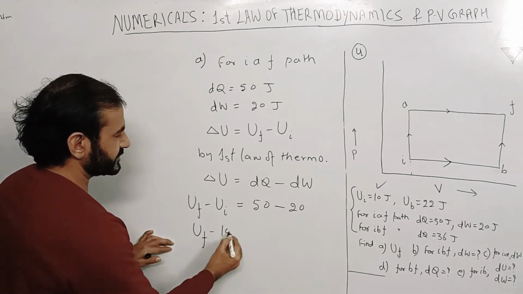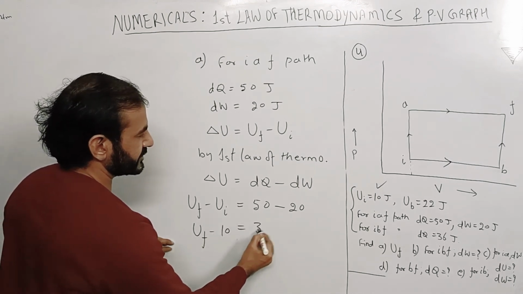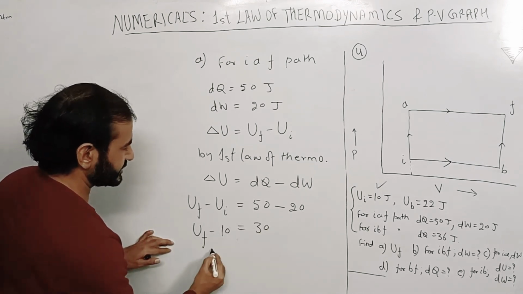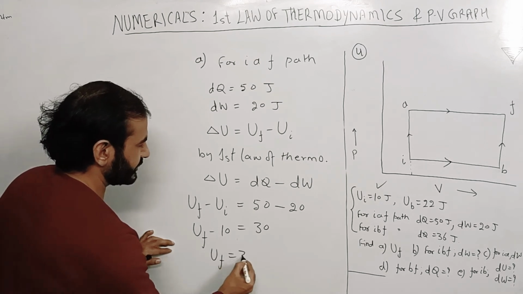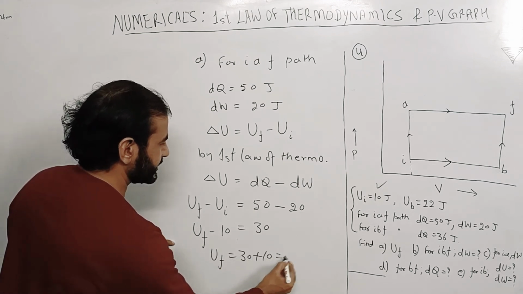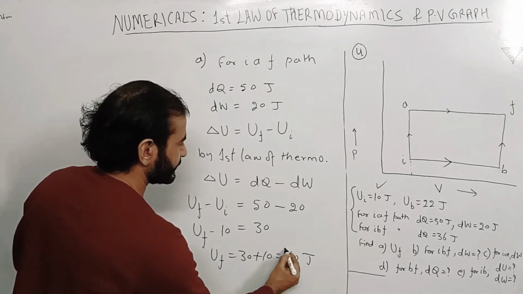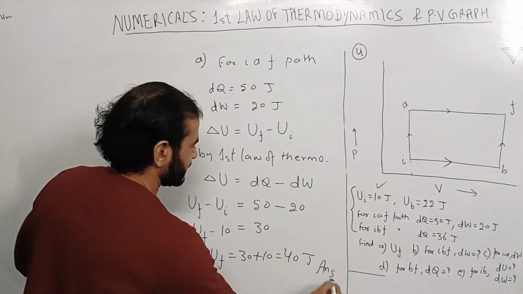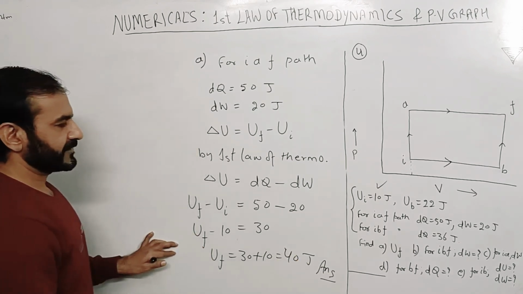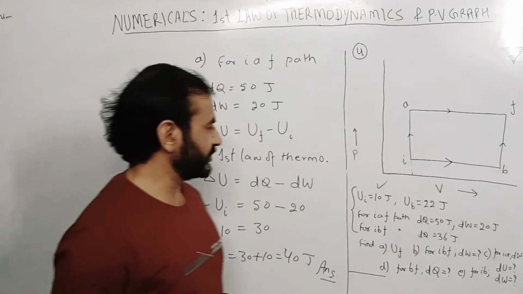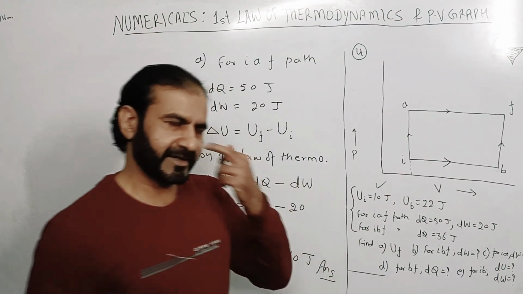So UF minus 10 equals 30, and 10 goes to the right side. So UF equals 30 plus 10, that is 40 joule. Answer: UF is 40 joule. First part clear, I think.